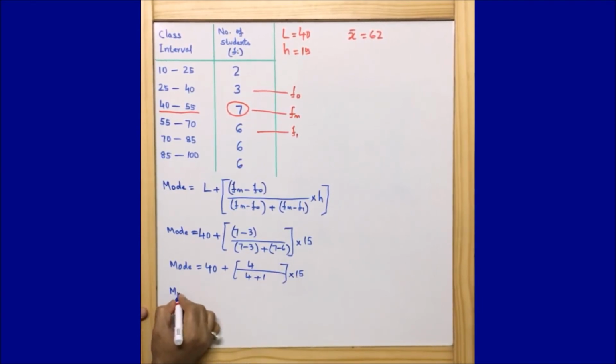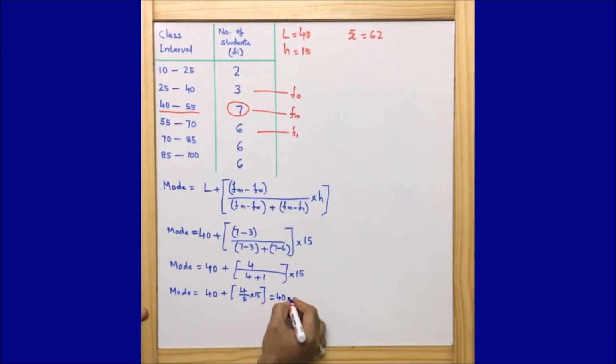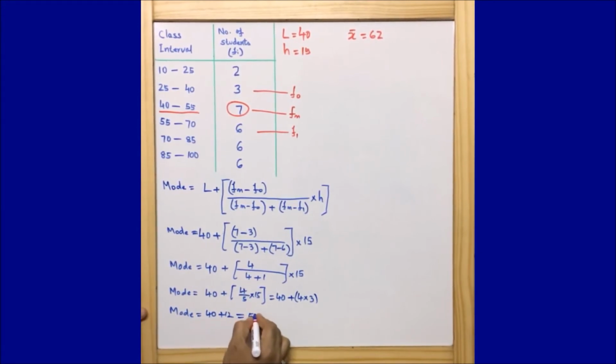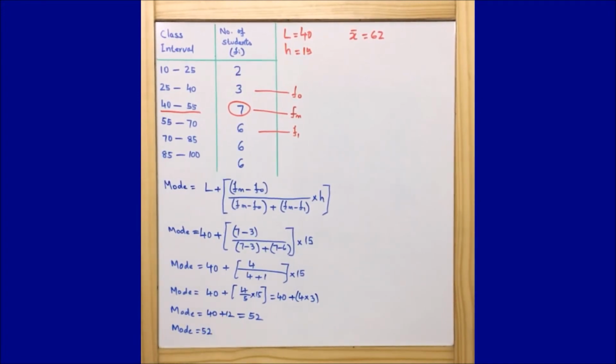So mode is equal to 40 plus 4 by 5 into 15, which is 40 plus 4 into 3, because 5 times 3 is 15. So mode is equal to 40 plus 12, that is equal to 52. So guys, we got mode is equal to 52.